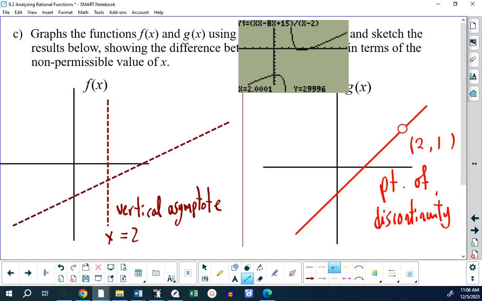This is not important for Math 30. I'm just pointing out that this function comes down and then up along here, getting closer, and here it's the same thing. So not only is there a vertical asymptote, there's a slant asymptote, which you do not need to know how to calculate in this course.